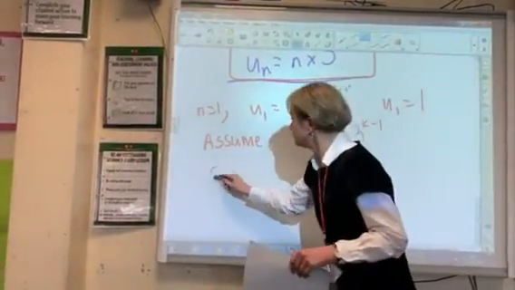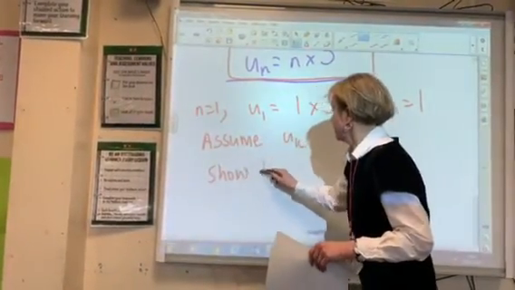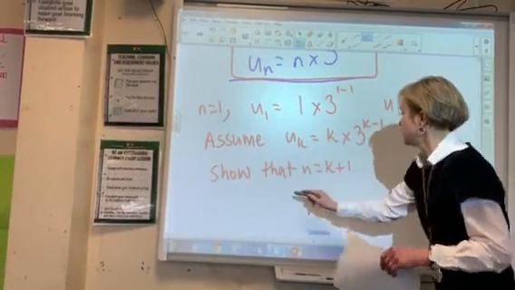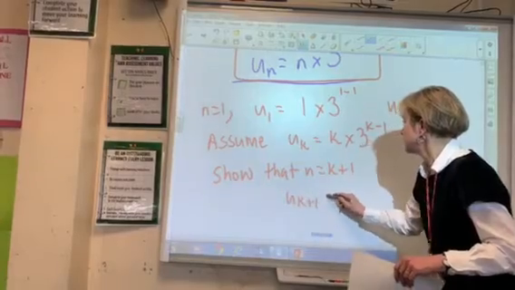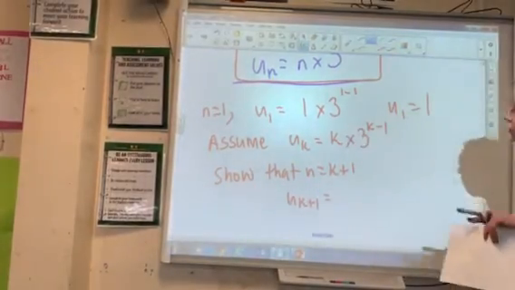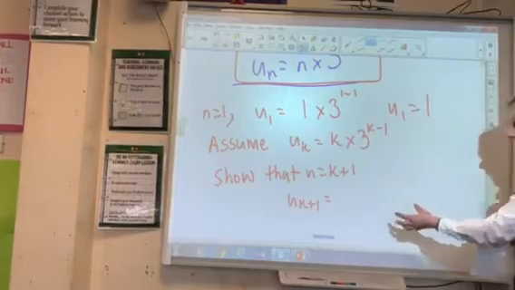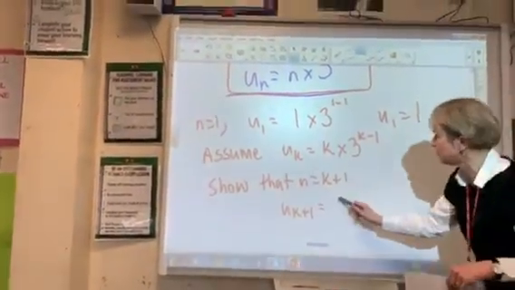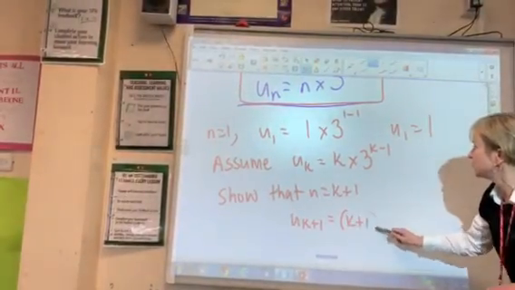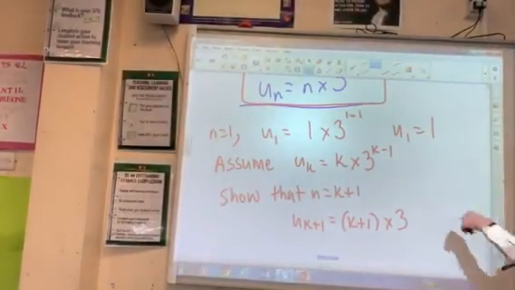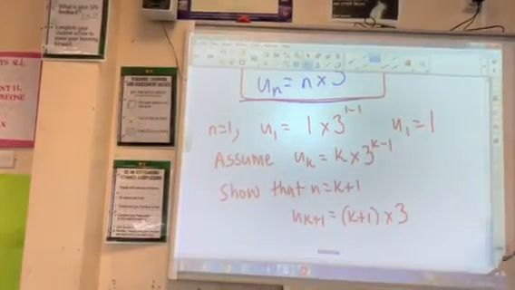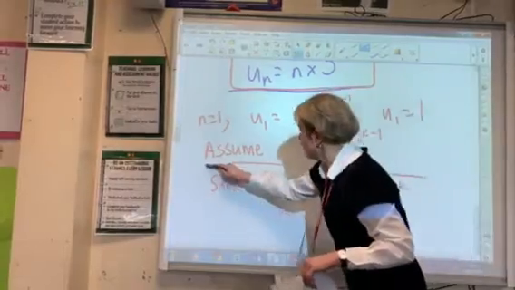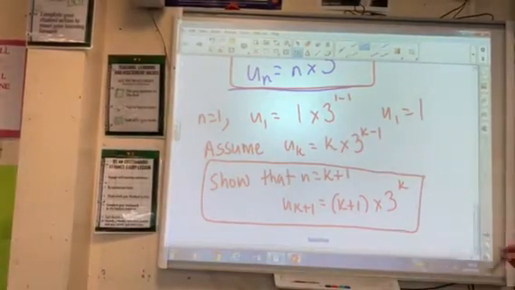You want to show that for n equals k plus 1, that u k plus 1 is going to be, and you can write it out so you can clearly show it, you want to replace these k's with k plus 1s. So k plus 1 times 3, and if you replace this with k plus 1, you'll get k plus 1 minus 1, which is just that. So that's what you want to show.